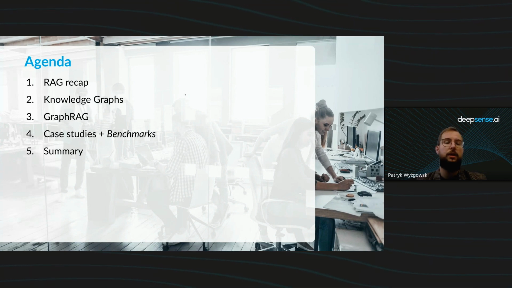Then we're going to cover knowledge graphs as a second part of our talk, how they are constructed, how we can use LLMs to construct them, and how we can use them to augment RAG, to use graphs to enrich the structure and provide a richer and broader context for LLMs during the generation process.